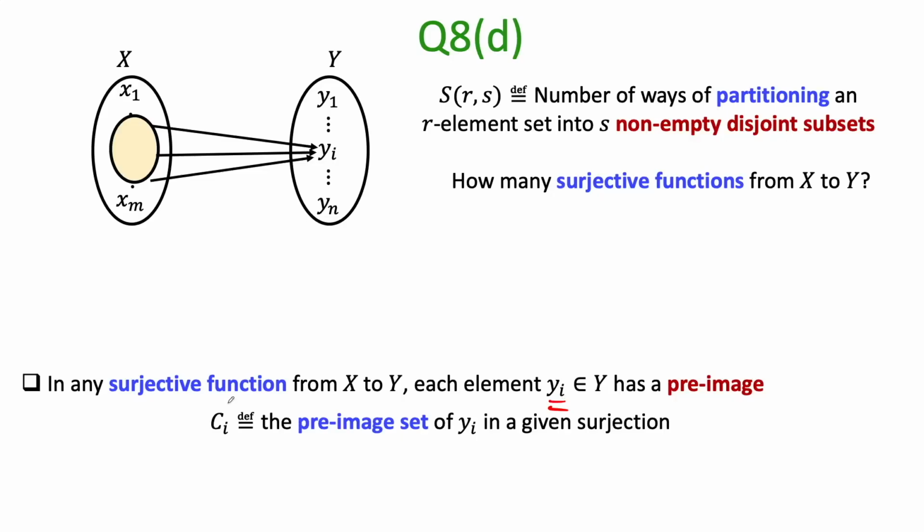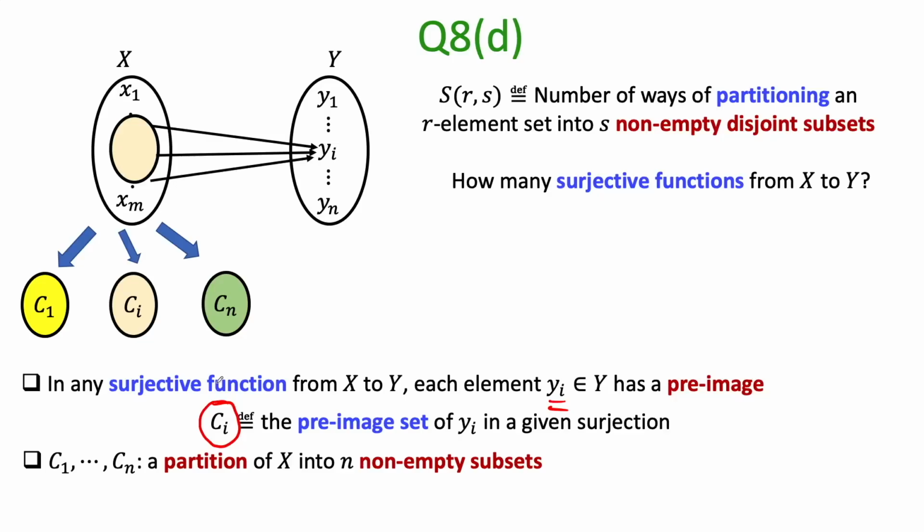So let me define the set Ci to be the preimage set of any element yi from the codomain set. Namely, whichever elements could be the possible preimages for the element yi, the collection of those preimages, I am calling the Ci set.